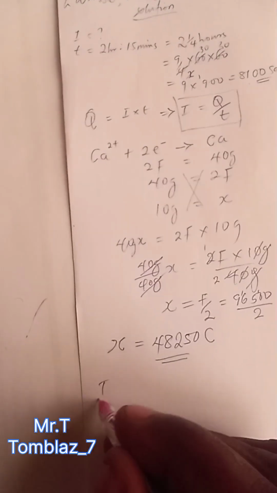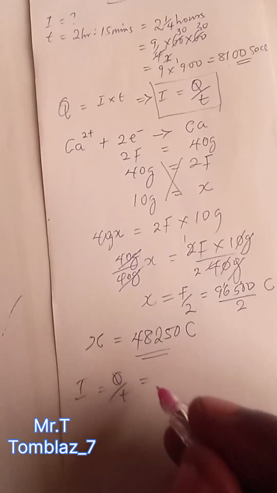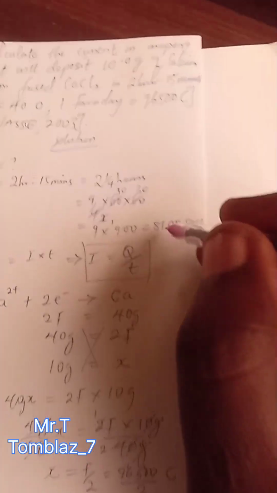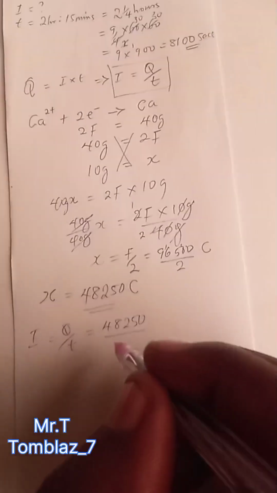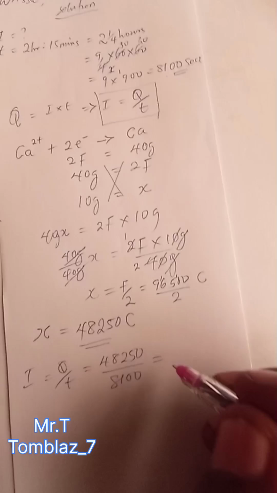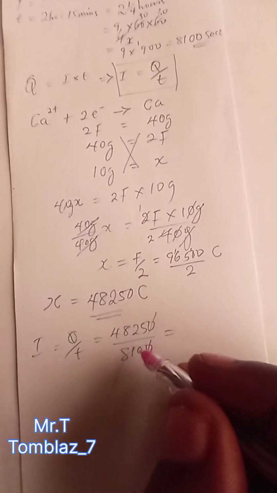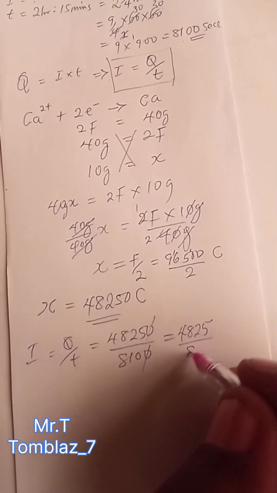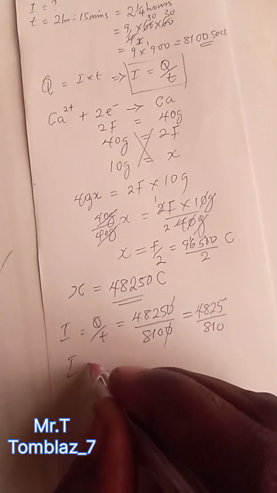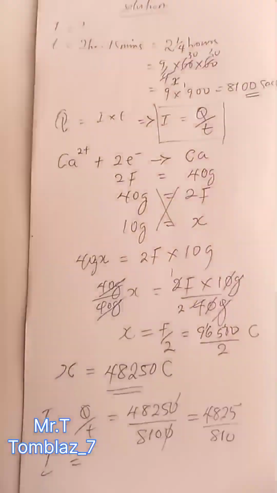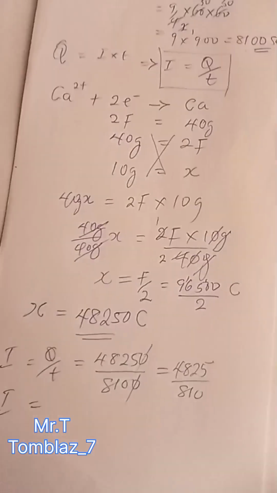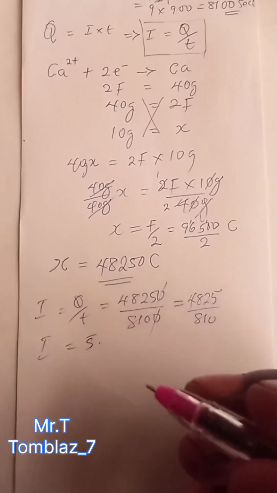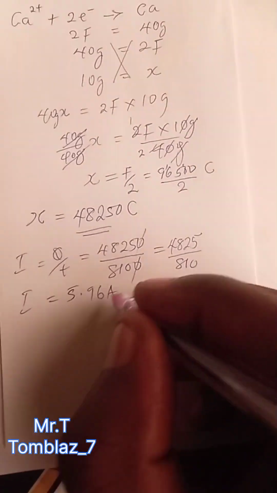So our current will be equal to charge over time, which is 48,250 divided by the time. The time we got is 8100 seconds. So we have 48,250 over 8100. Zero can cancel zero here, so we have 4825 divided by 810. Let's divide, and 4825 divided by 810 gives you 5.96 amperes.